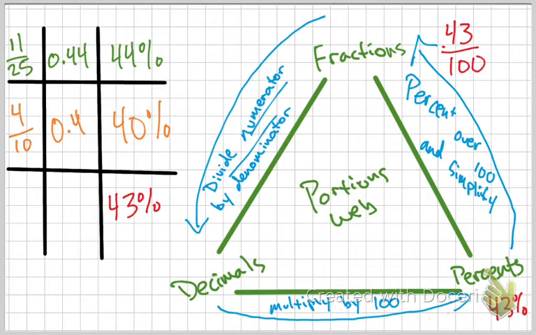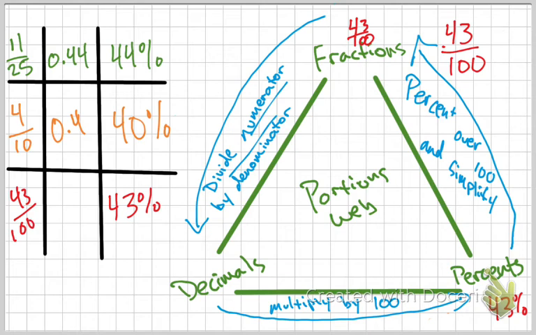In this case, there are no numbers that I can divide 43 and 100 by. I need a number that I can divide them both by, but there are no numbers that I can divide both of those numbers by. So in this case, we are already at our simplest form, and so I'm going to write that fraction down, 43 over 100, and I'll record that in my table as well. And that means I've got one more step to do.